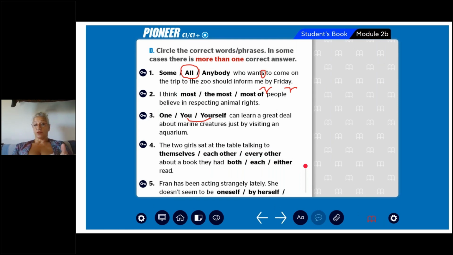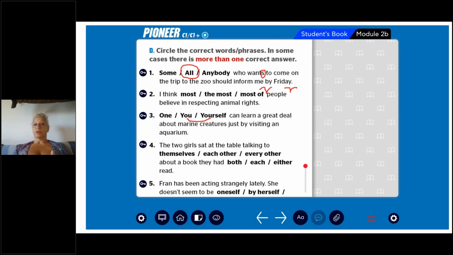Well, this is a perfect construct to say you yourself can learn a great deal if the person we are talking to is a bit of a know-all about something, or is a bit arrogant about something, and they pretend they know a lot about marine creatures, but they actually don't. They've actually never visited an aquarium. And this is the situation where we would say, you know what? You yourself can learn a great deal about marine creatures.